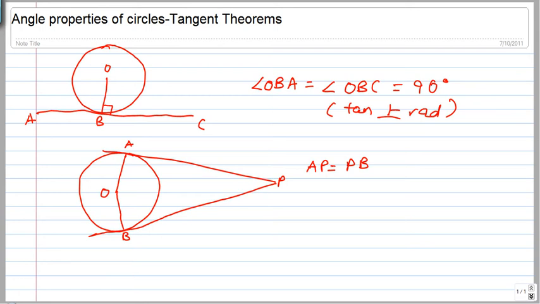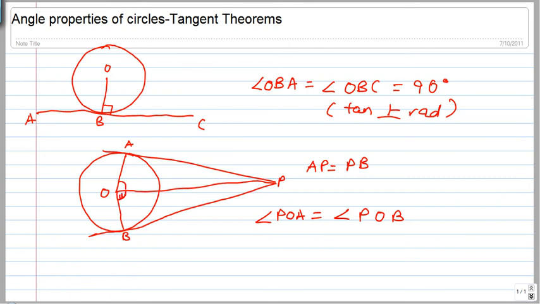Another thing to note is that if we draw a line from the center of the circle to P, which is where the two tangents are drawn from, then we find that with reference to the center of the circle, where PA and PB are tangents to a circle with center O, then angle POA is equal to angle POB, which is this point.